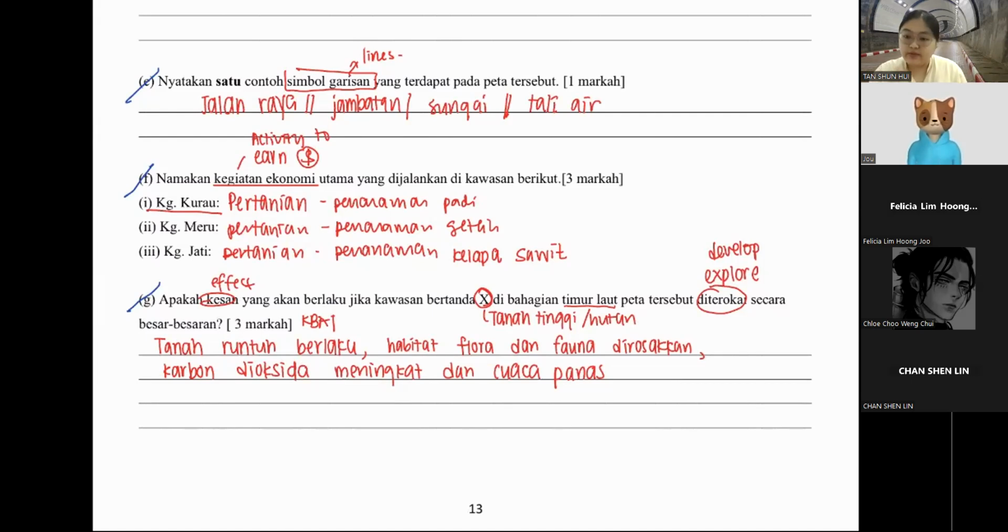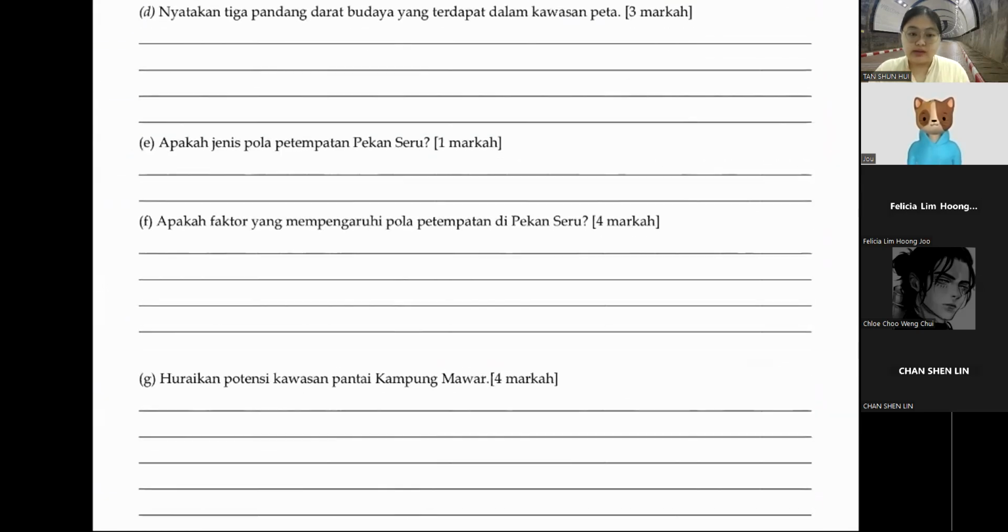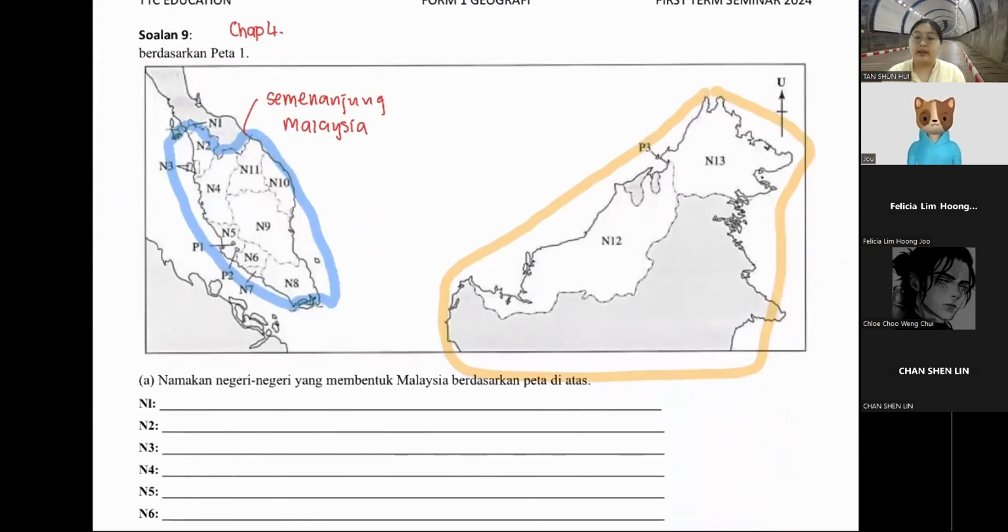Okay, let's move on, yeah? Just a recap on that, okay? Malaysia splits into two parts. The Semenanjung Malaysia and this one. What's the name of this? This is Pulau Borneo.